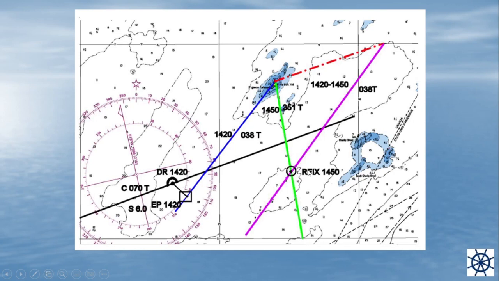The intersection between the second bearing and the transferred line of position, your first line of position, will be your running fix. That is the running fix position at 1450. So as you can see, you are already close to the shallow water. Okay, that is a running fix.